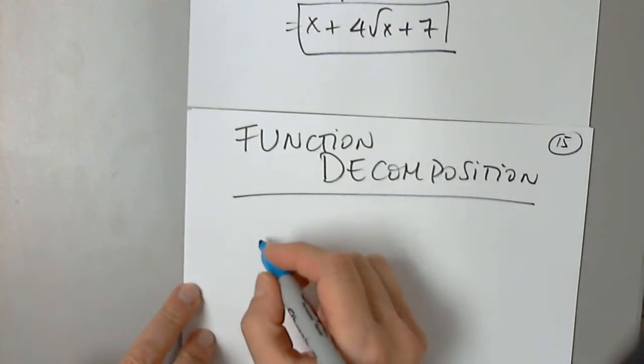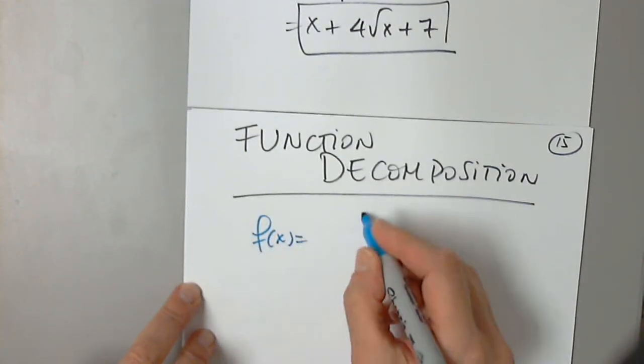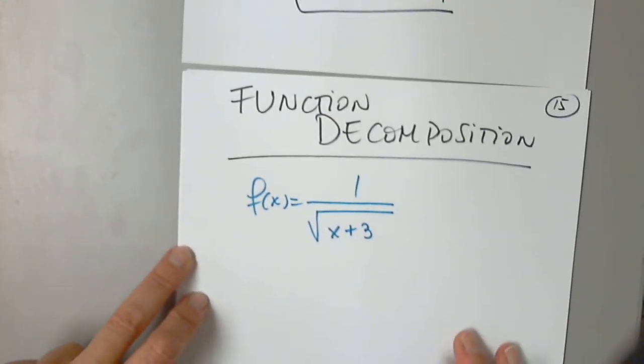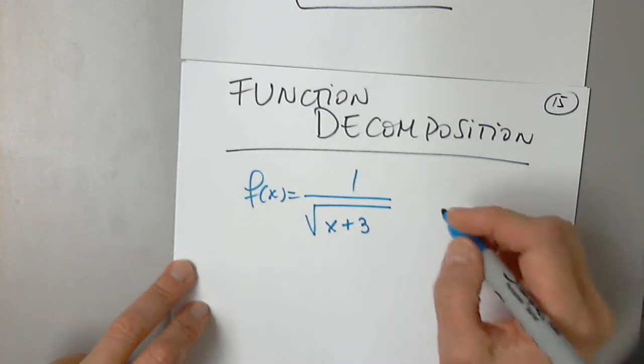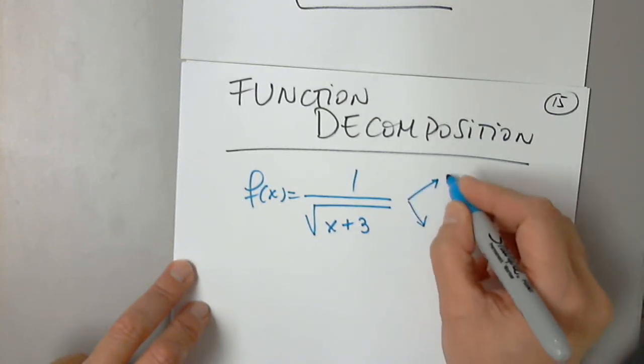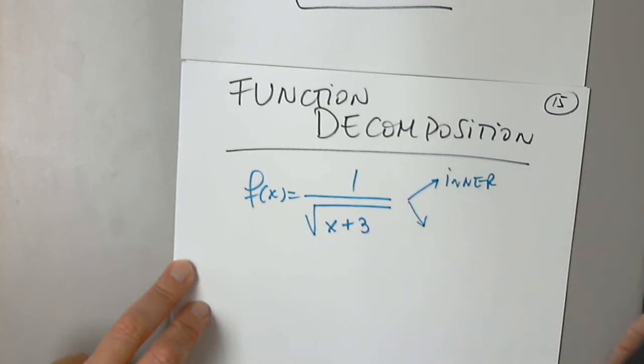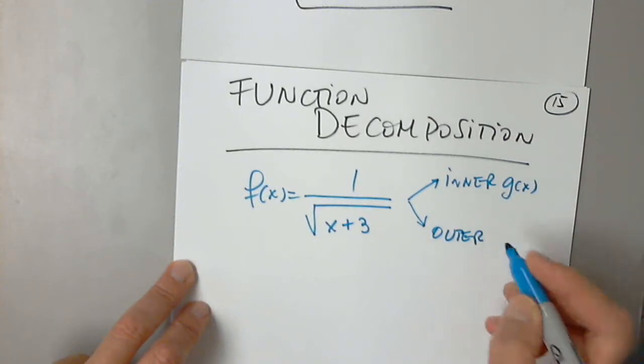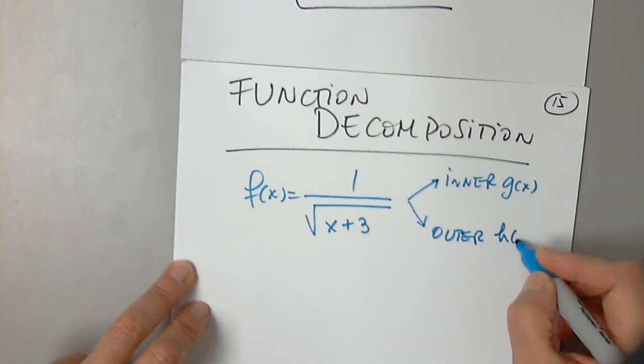So let's say I have a function that is 1 divided by the square root of x plus 3. And I would like you to decompose this function into an inner, let's call it g of x, and an outer, let's call it h of x.